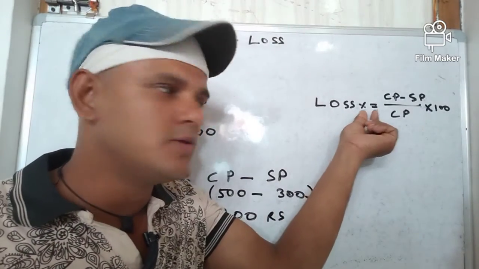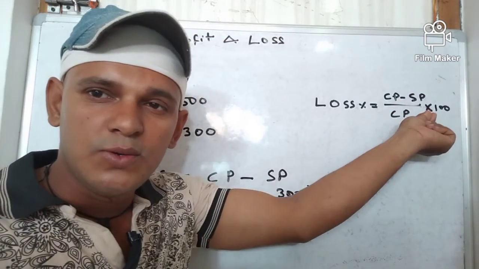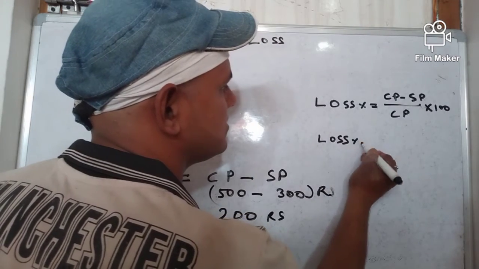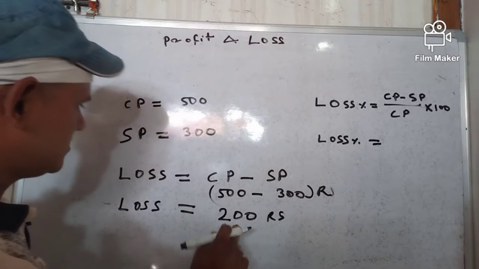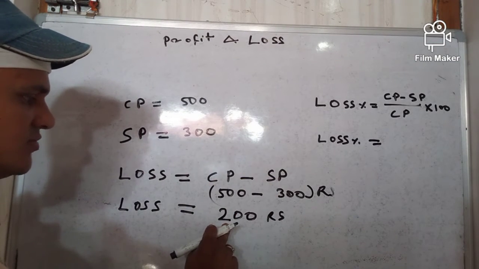One minute. See once again, what is loss percent? Loss percent equals CP minus SP by CP into 100. Here CP minus SP comes to 200.